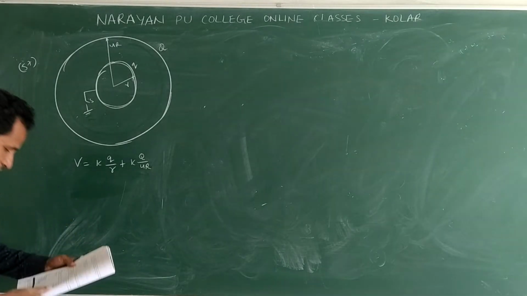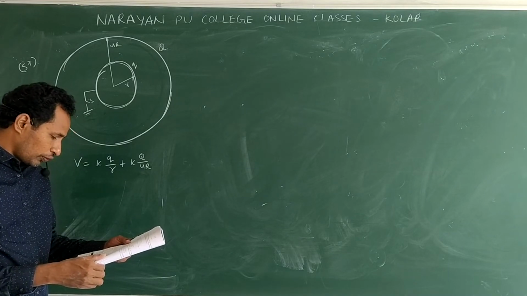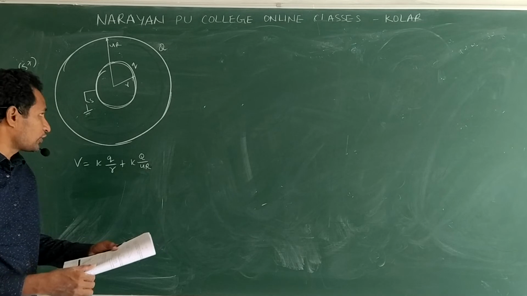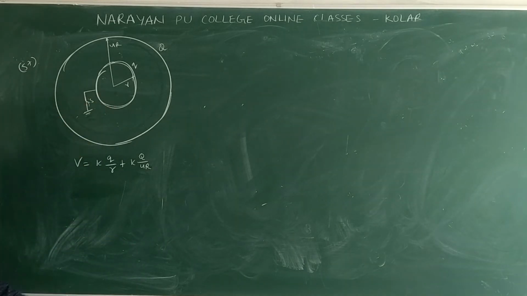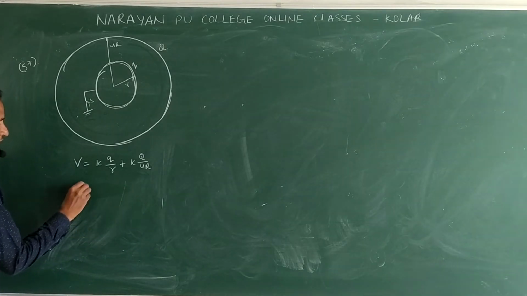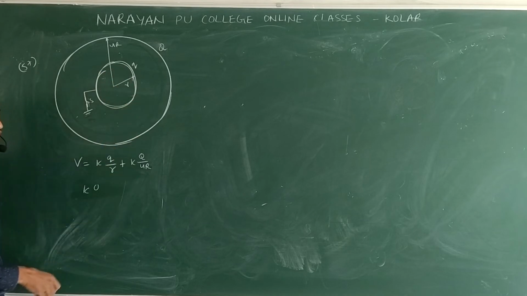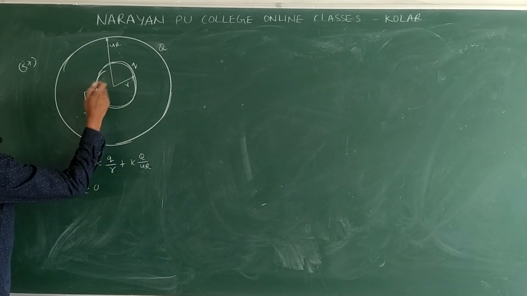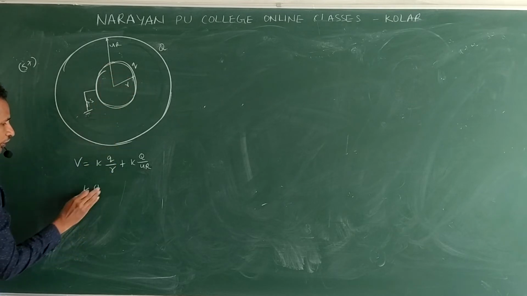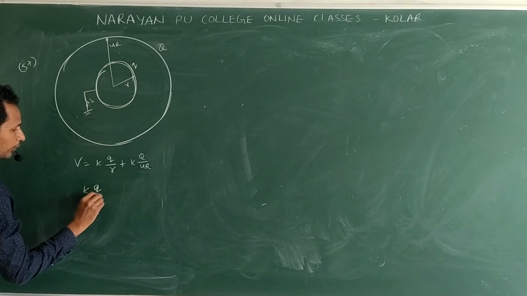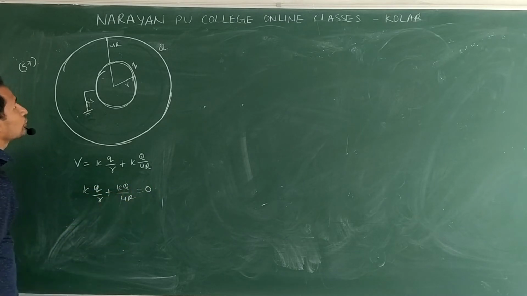Then the magnitude of charge that will flow from inner shell to the earth if the switch is closed. When the switch is closed, what will happen? Potential will become 0. Then you make it equal to 0. When you connect this, the potential of this sphere will become 0 because charge on the surface will move to the ground. Then potential of this inner shell will become 0. Then we can write KQ by R plus KQ by 4R is equal to 0.